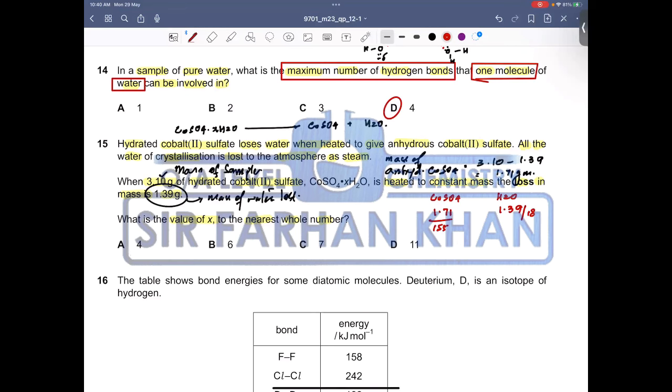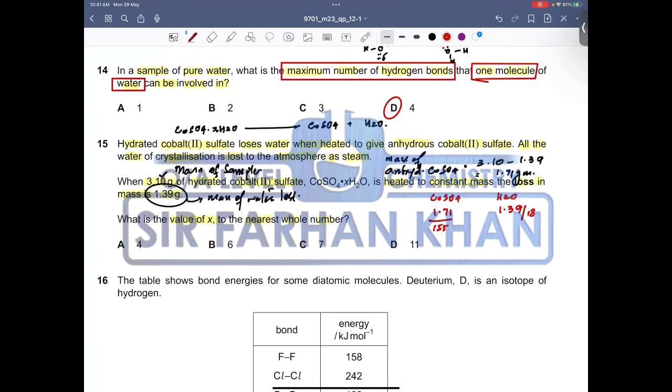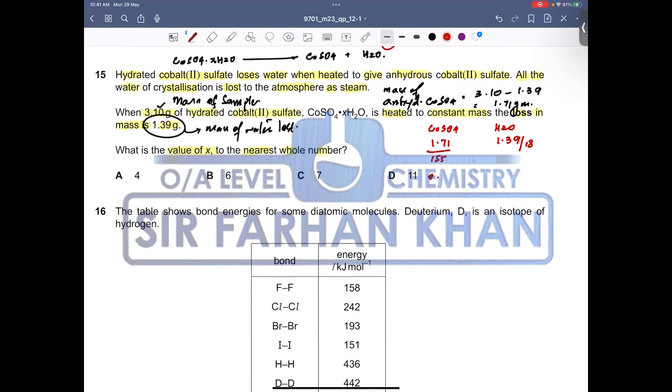1.71 divided by 155. So it's going to be 0.011 moles, and 1.39 divided by 18 is going to be how much? 0.077.